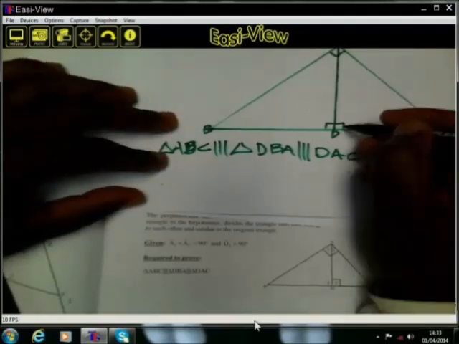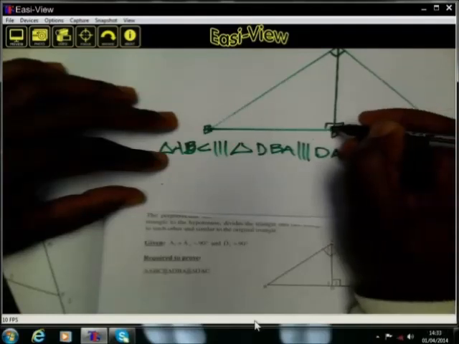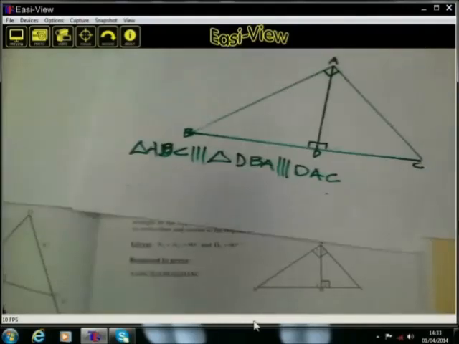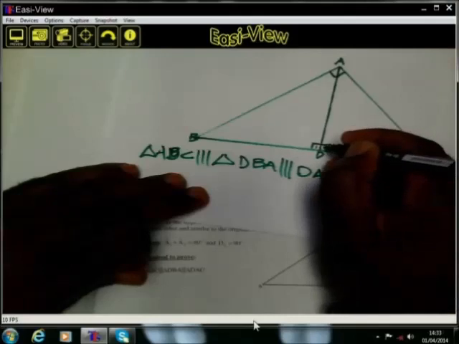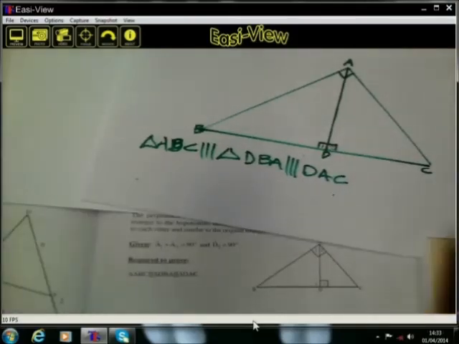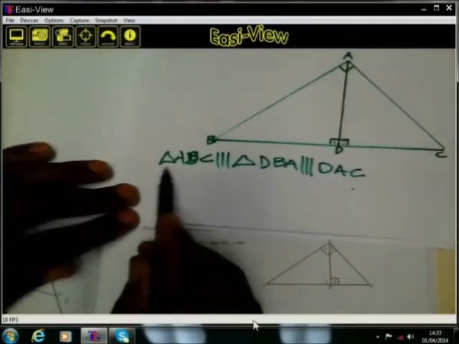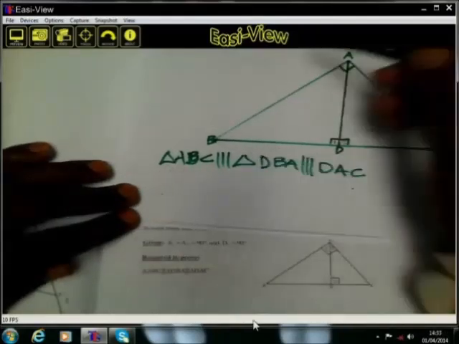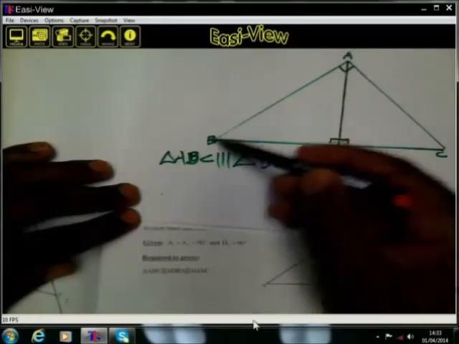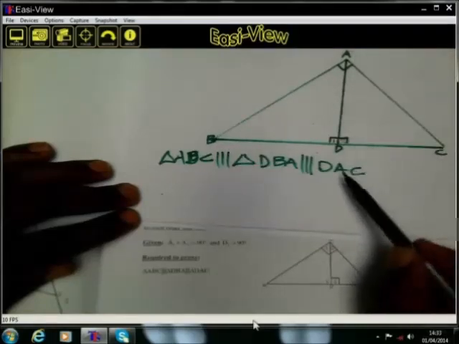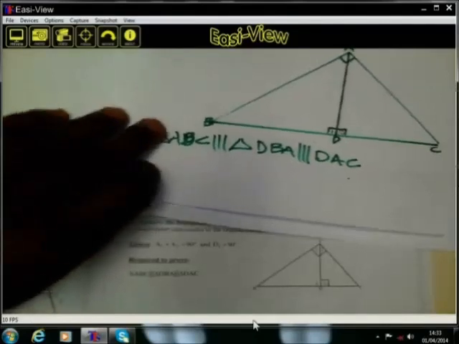Having said that, it means I can divide angle D, which is equal to 180, into D1 and D2. Let me do that. I'm having my D1 and my D2. Learners, what I'm requested to do is to prove that the bigger triangle is similar to DBA, that is this triangle, and similar to DAC. That is, the three triangles are similar.